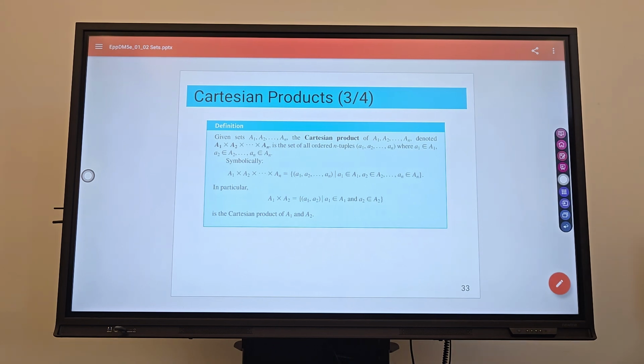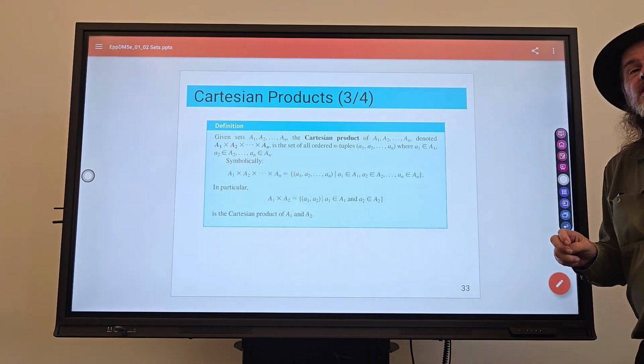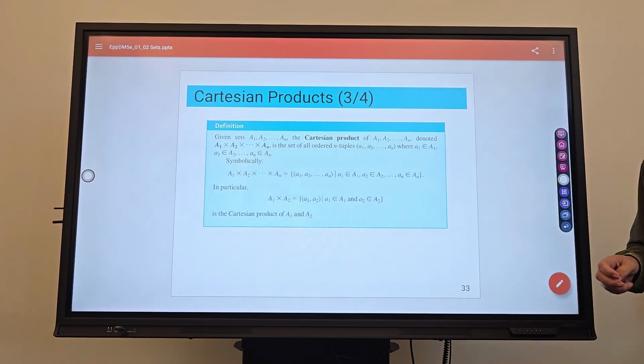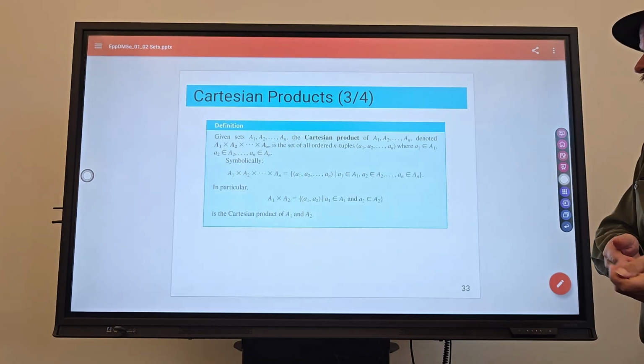Usually you don't deal with more than ordered pairs, typically by hand. Computers can easily do Cartesian products of larger sets, but they get very large very quickly.